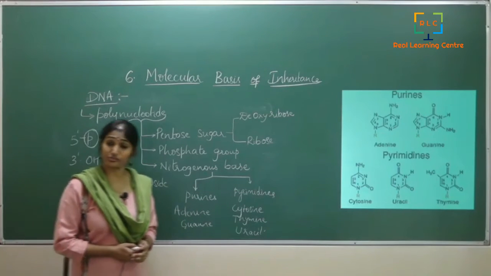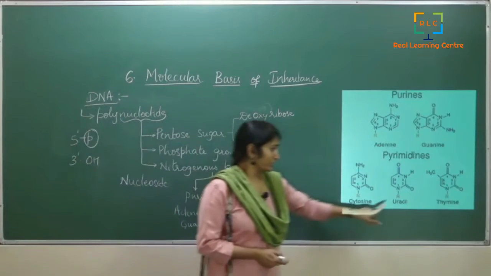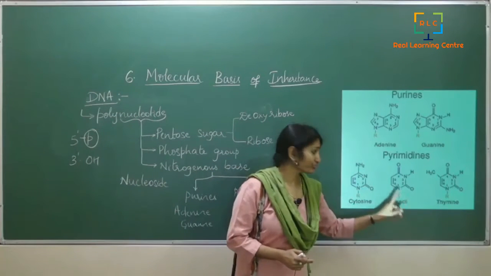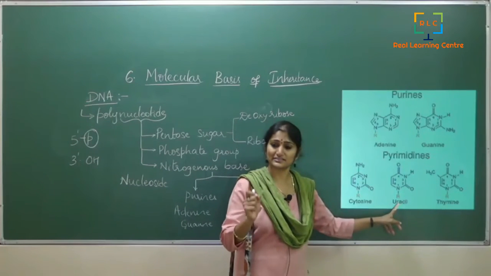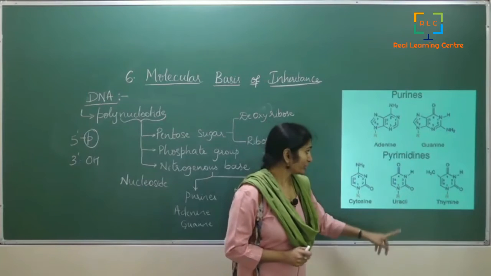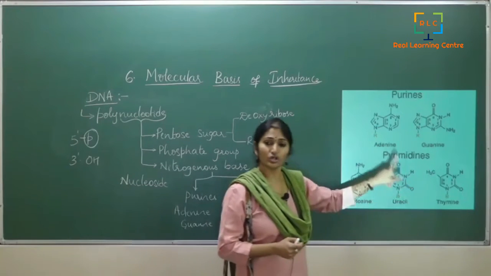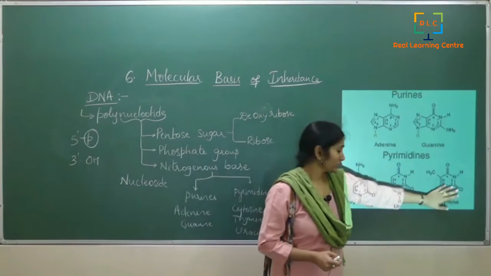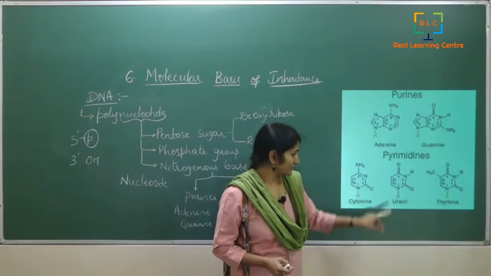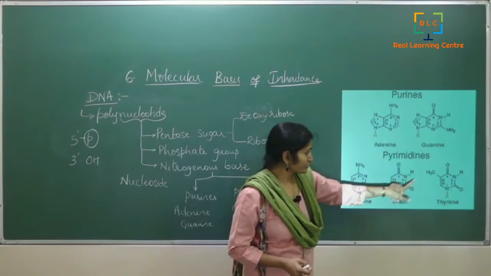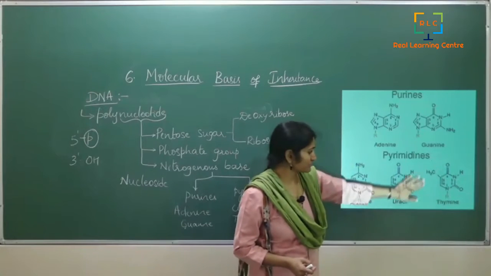But if you just look deeply, compared to thymine, uracil is unstable. Okay, this presence of the CH3 group gives a lot of stability to thymine compared to uracil. Otherwise the structure remains the same. You see that they all have the same structure.